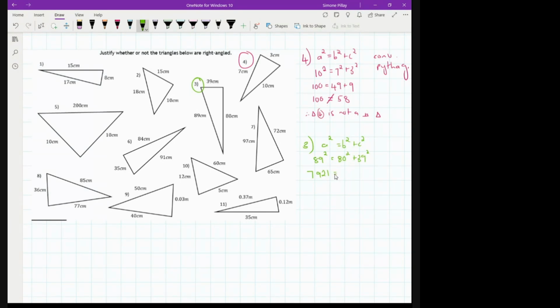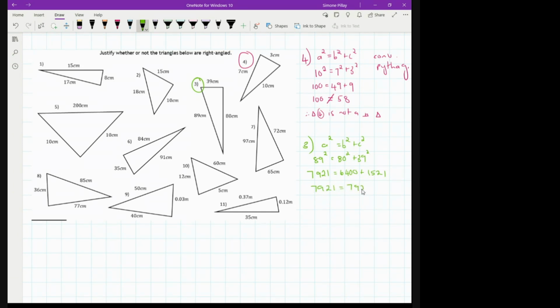80 squared is equal to 6,400. And 39 squared is equal to 1,521. 7,921 is equal to 7,921.